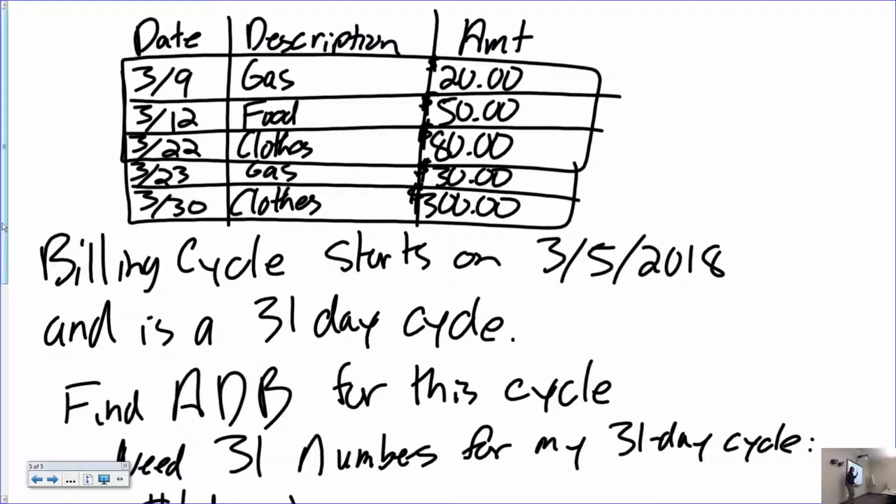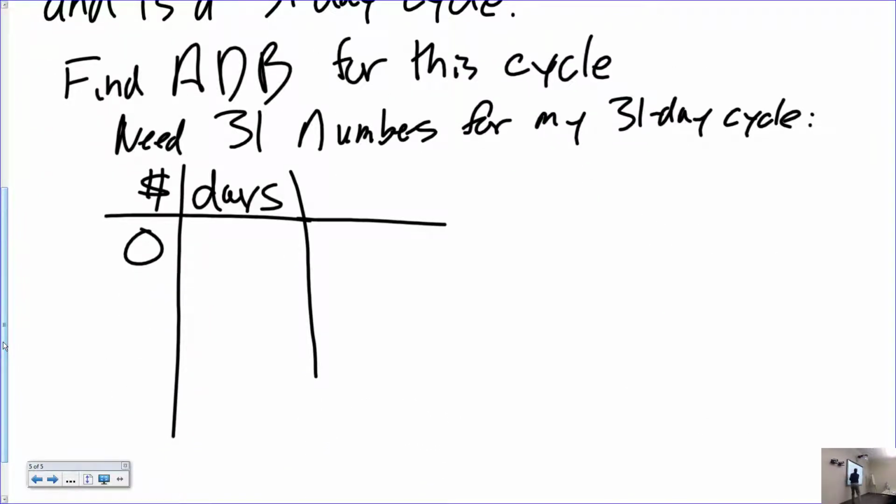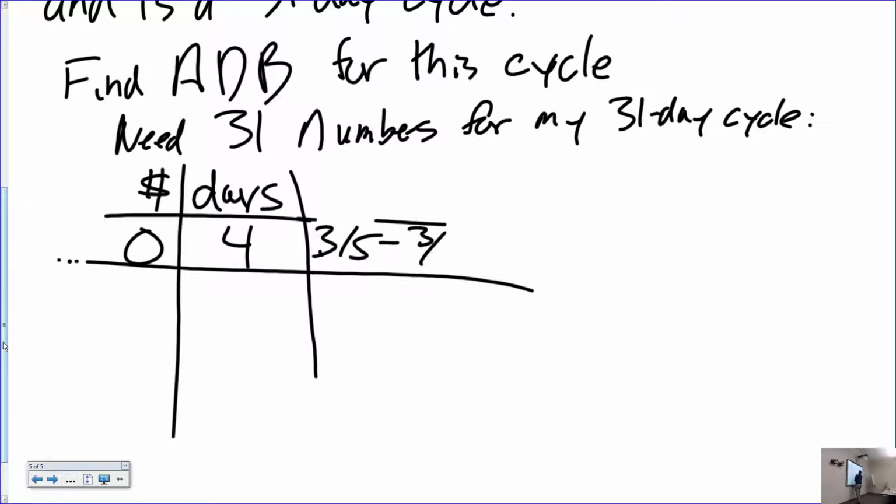So I have 4 zeros. This is from March 5th, 3/5 to 3/8. Looks like it should only be 3 days, but it's inclusive of that March 5th, right? 5, 6, 7, 8.